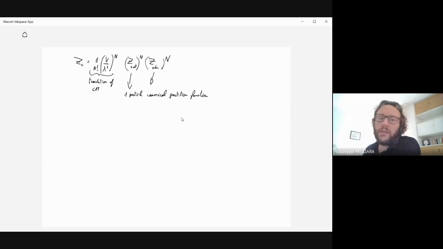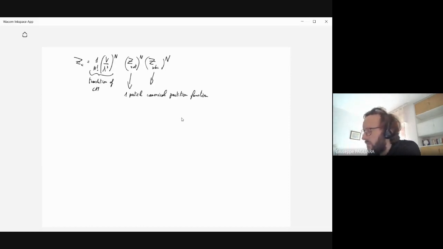I will not write Z_C1 rot, otherwise the notation will be very complicated. But you see that those are one particle because they are to the power of N, which means that I am integrating N times the same thing. That's why I have this N.